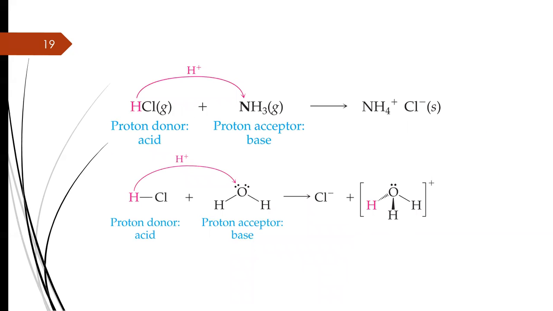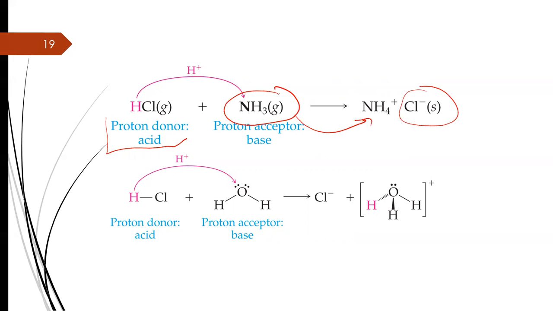So we can keep track of what's going on. In this case, our donor is our acid. HCl acts as the acid because as it goes through, it's lost that H+. This one is our base because it is picking up that H+.